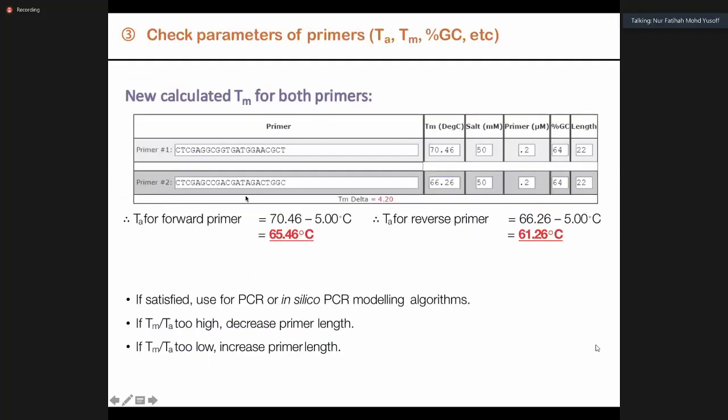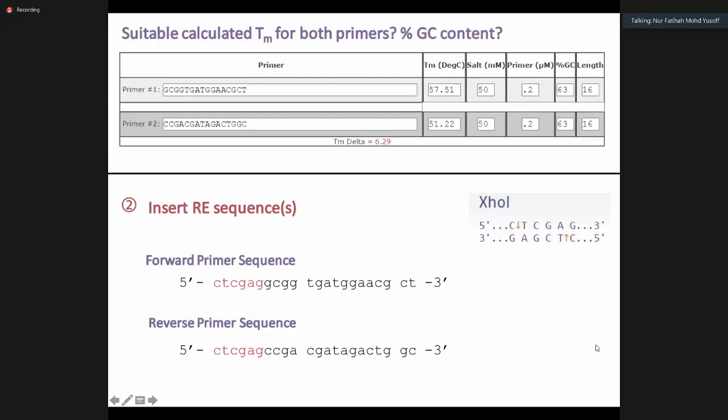When you add the RE sequence in your primer, your PCR product will end up having the restriction site at both ends.